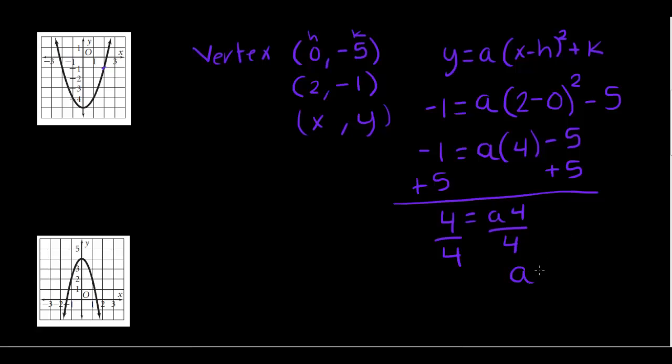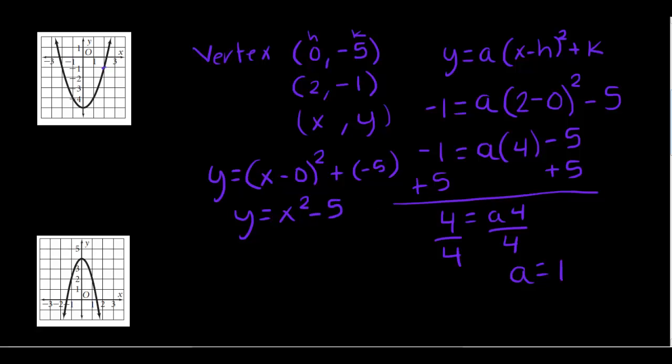So that's going to give me a equals 1. Now that I know the value of a, I can write the equation. It's going to be y equals a, which is 1, I don't have to write it down, x minus h, well, h is 0, squared, plus k, which is -5. So the equation is y equals x squared minus 5.